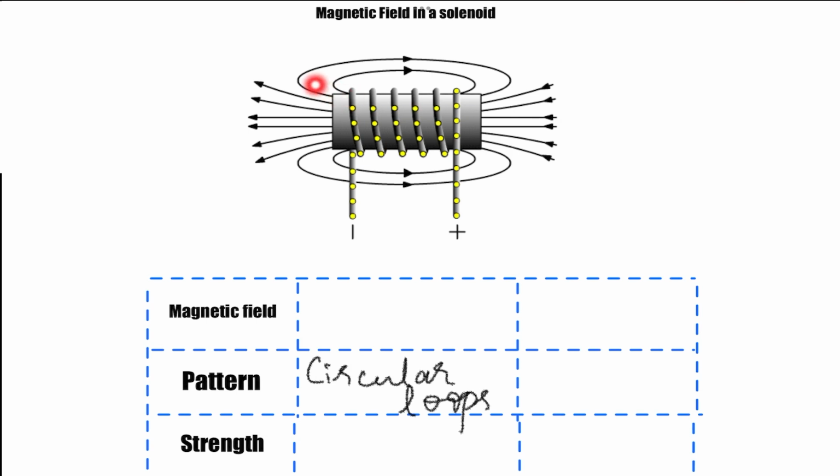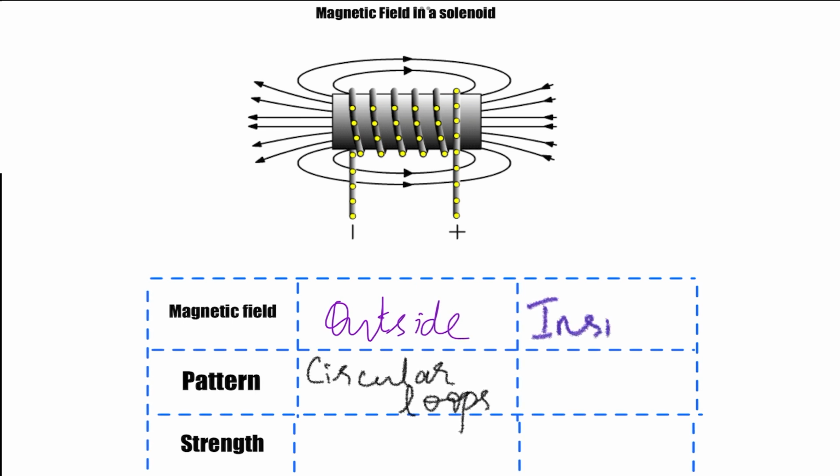Yes. Outside the solenoid, the magnetic field that is produced is in the form of circular loops. So where is the circular loop? That is outside the solenoid.